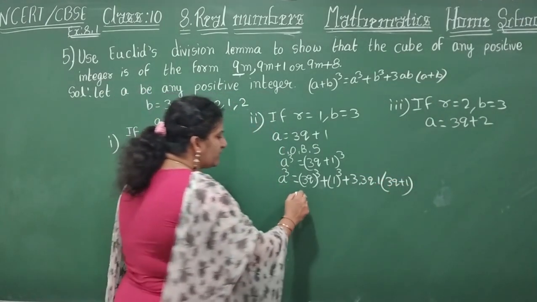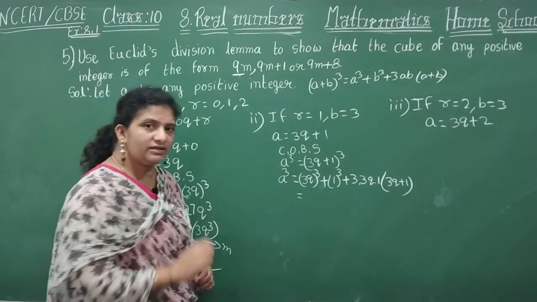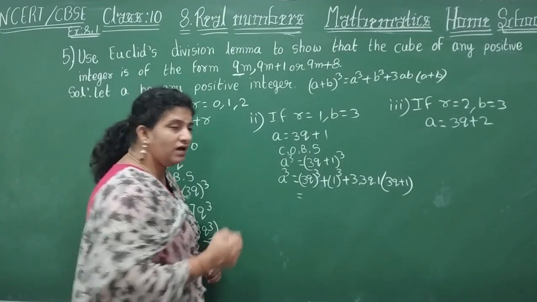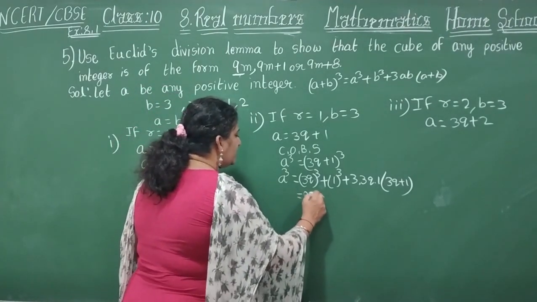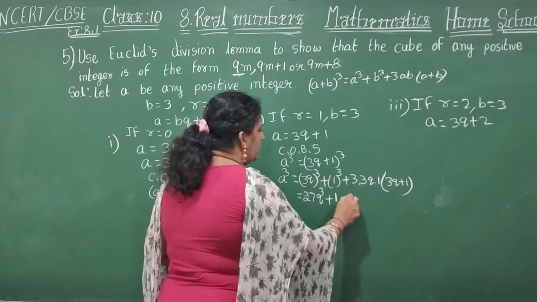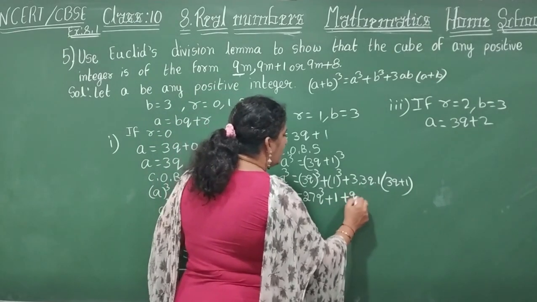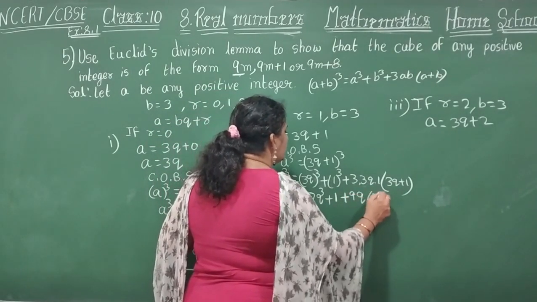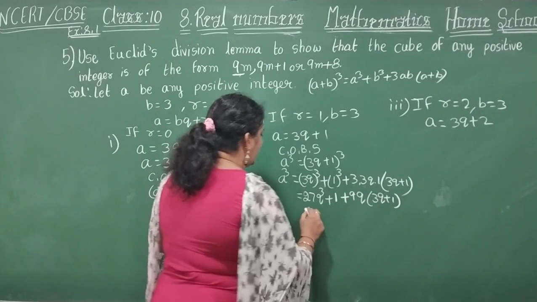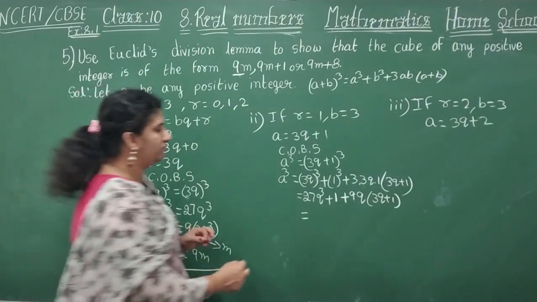Okay, now simplify here. 3q whole cube, what will it be? 3 3s are 9, 9 3s are 27. 27q cube plus 1 cube is 1 plus 3 3s are 9. 9 into 1, 9. 9q into 3q plus 1. Still, it's not complete. Still, we need to do more here.